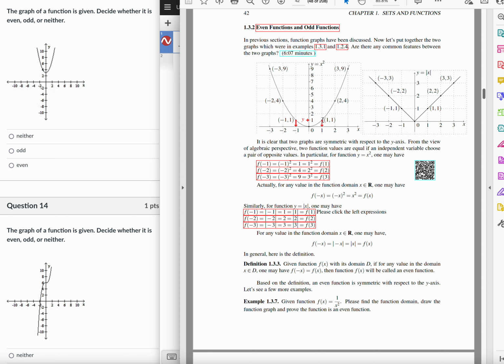So this point is the mirror image of this one. This works everywhere, like this one, like this one. You plug in x is -2, and -2 squared is 4. You plug in 2 here, you have 2 squared is still 4.